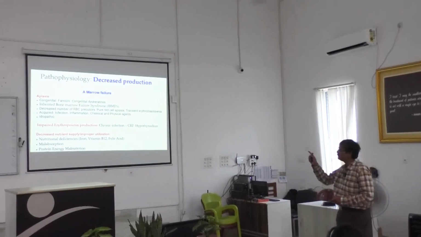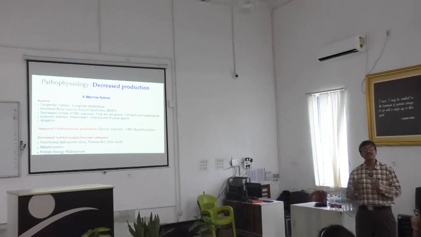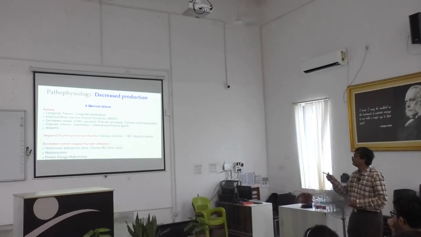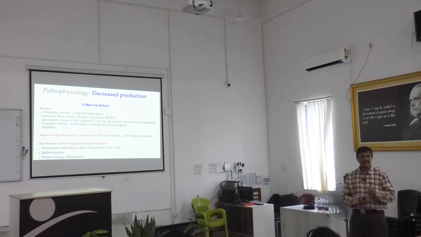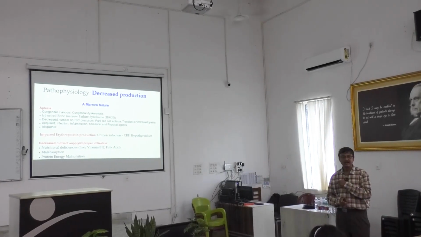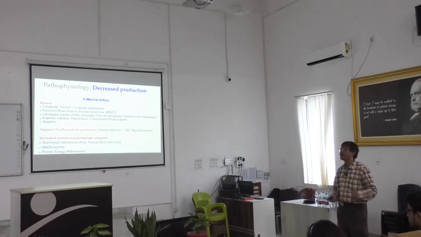These 2 conditions you have to differentiate, right? Because both present with the same type of clinical picture, whereas Diamond-Blackfan syndrome presents with more congenital anomalies, TEC with fewer, and there are 2 or 3 tests that differentiate these two. I'll tell later on.